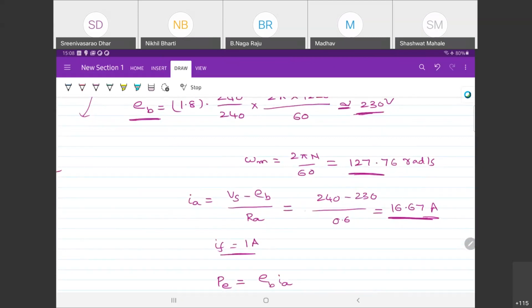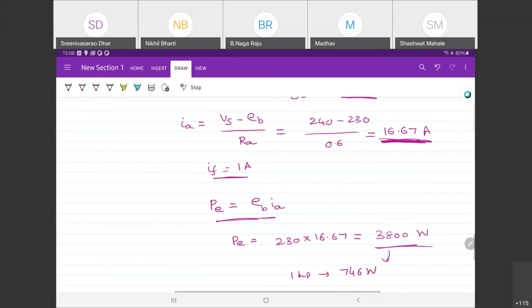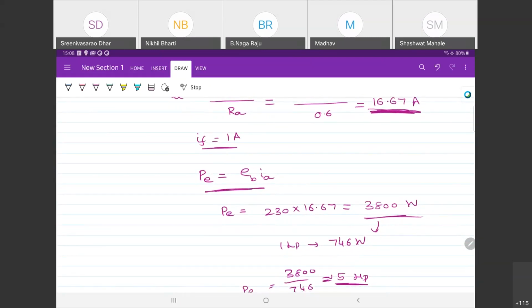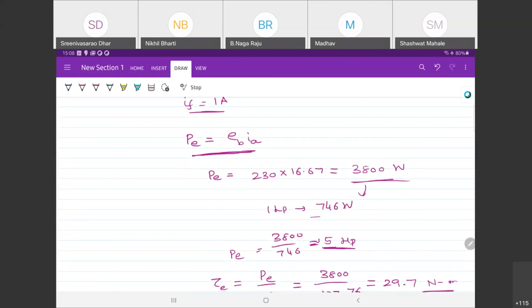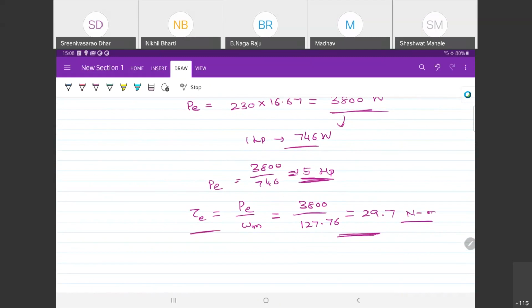From that you calculated the armature current, and also the power, PE equal to EB into IA. That is already cross-verified, that you got 5 HP. And this is the electromagnetic torque that is produced by the machine.